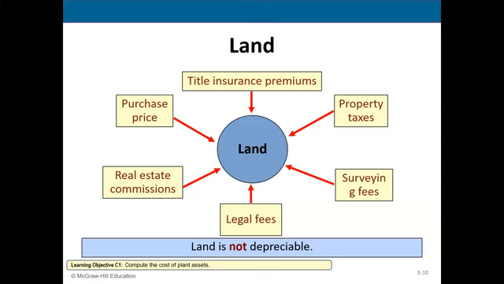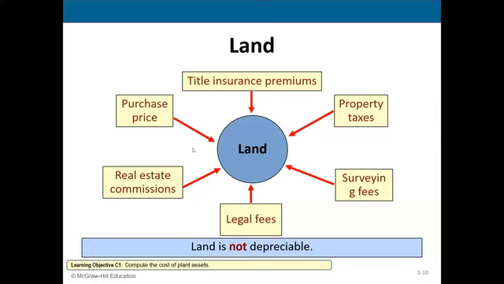You add all these things together, and that equals the total acquisition cost for the land. But remember, the land itself, the dirt, never depreciates because Earth is infinite. It's unlimited. In theory. I know we're not going to go down that road today, but just pretend that the Earth will always be here.